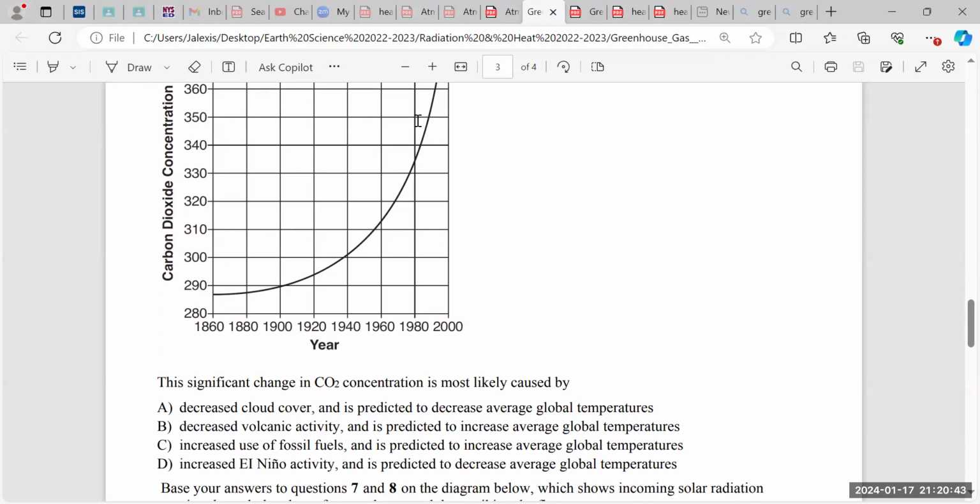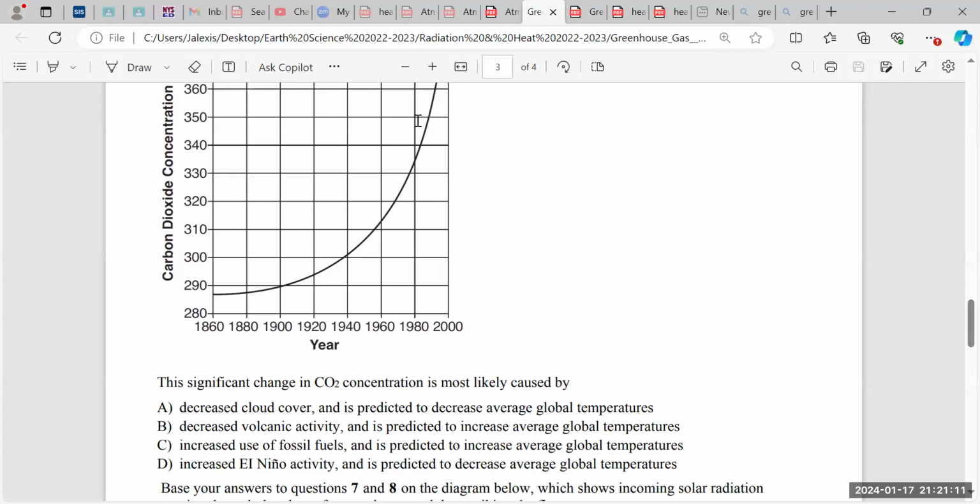This is just something that you need to know. If we know anything about fossil fuels, you can look it up, but basically most electricity is still generated by the burning of fossil fuels. When we're burning fossil fuels, it produces greenhouse gases.